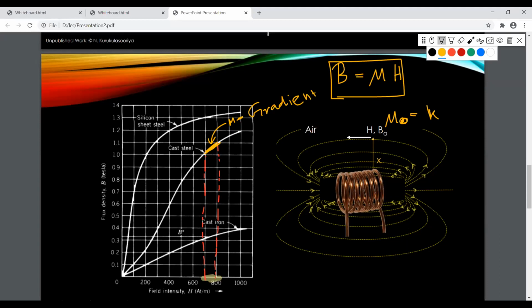So simply, if I summarize again, for a smaller range you can assume the magnetic flux density variation with magnetic field intensity to be linear. But in reality, it is non-linear for these other materials as well. So you simply assume that this is made of lines.